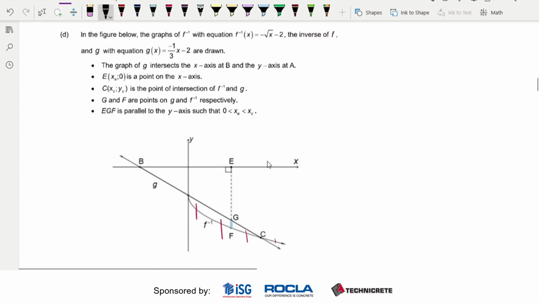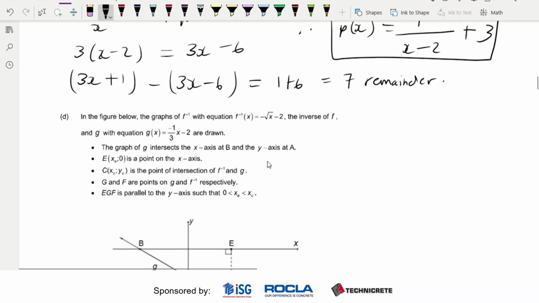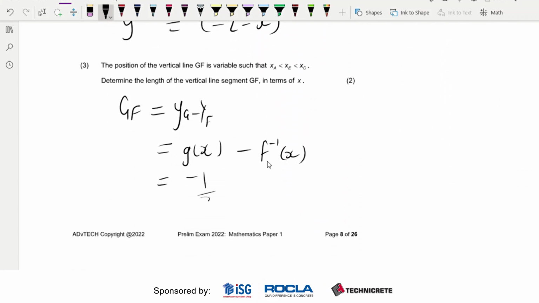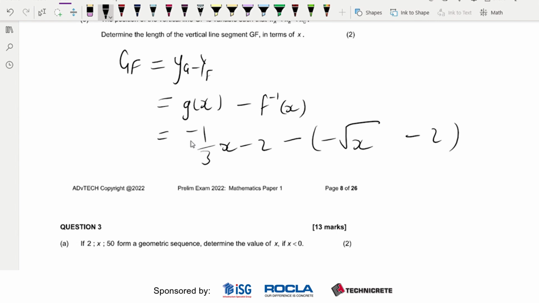And the equation for g of x is negative 1 over 3x minus 2, minus negative square root x minus 2, which is the equation for the inverse. And we want this in terms of x, so this is going to be negative 1 over 3x minus 2 minus square root x minus 2. So minus 2 plus, minus 2 minus minus 2 is minus 2 plus 2. So that's going to give us 0.